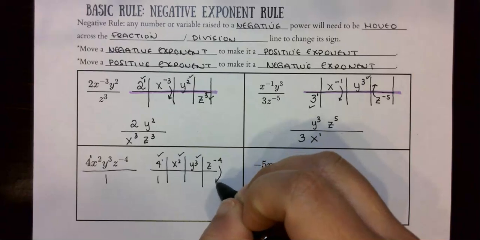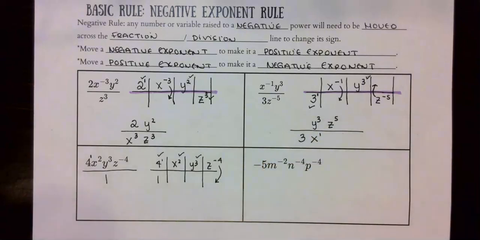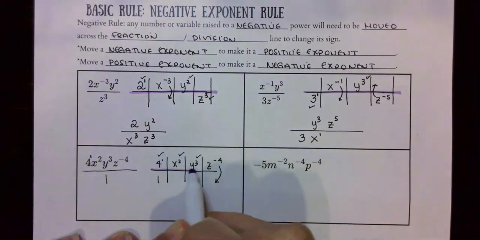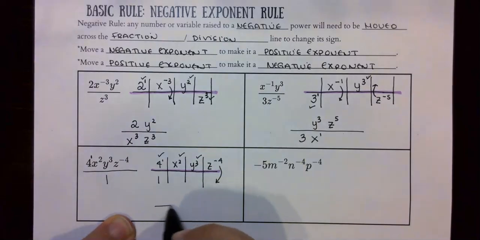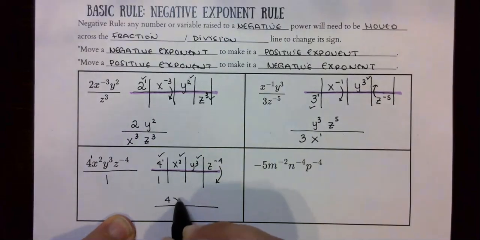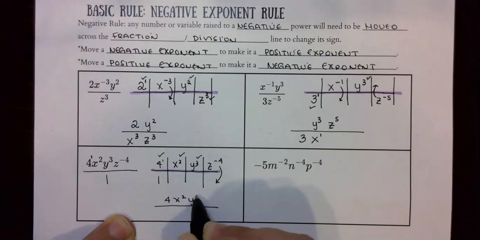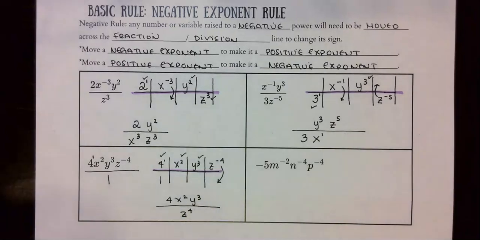So I'm going to draw an arrow to remind you that we're moving it across that division line. So when we do that, we're going to have 4x squared, y to the third, and then z to the positive 4. Now, I'm not going to put the 1 there. You can if you want to, but remember, the 1 is just a placeholder until you move something to the bottom, and then it goes away.